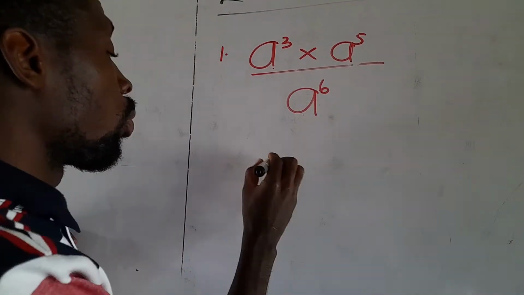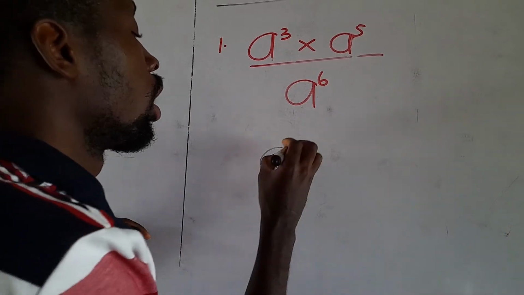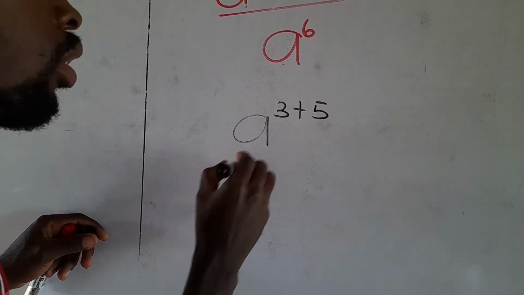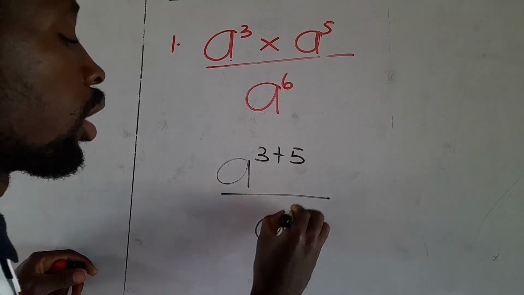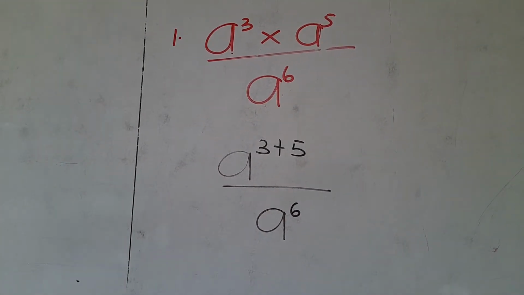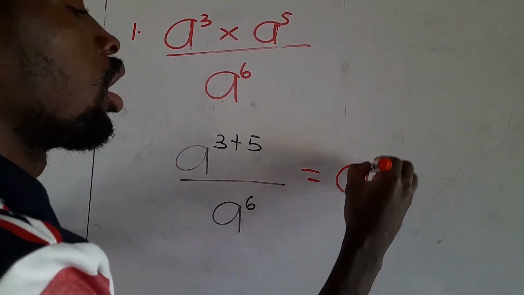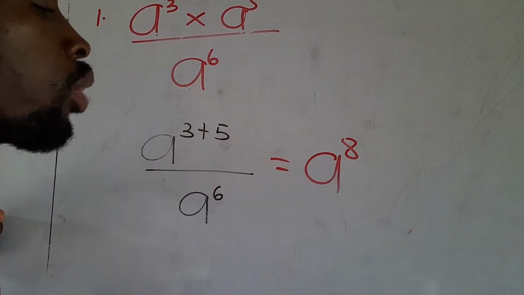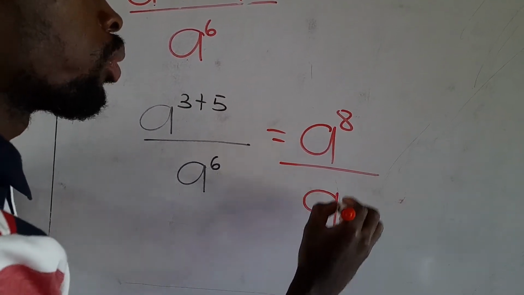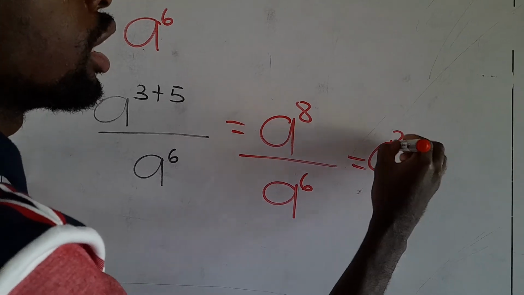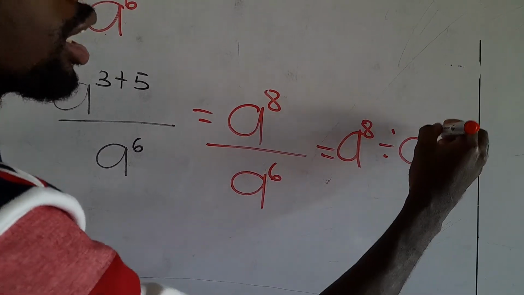So we can say the top will have a exponent 3 plus 5 all over a exponent 6. So 3 plus 5 is 8, so a exponent 8 all over a exponent 6. We can rewrite this as a exponent 8 divided by a exponent 6.